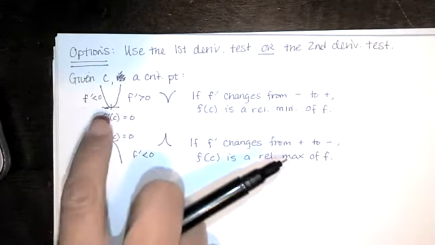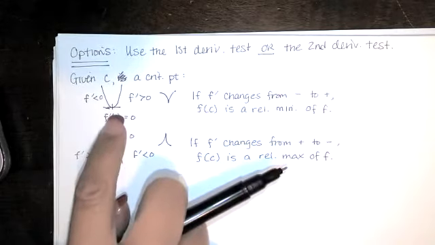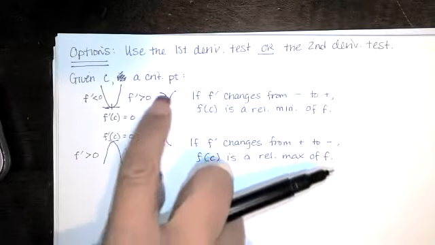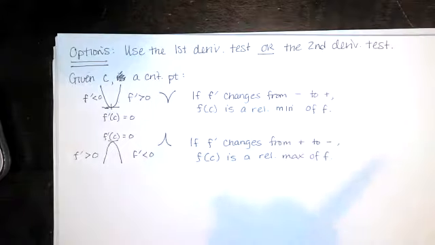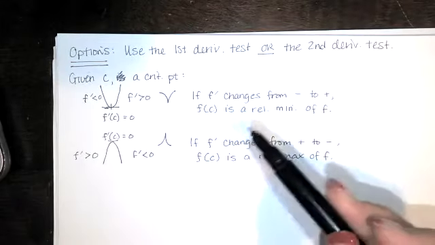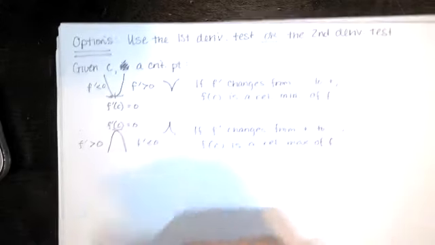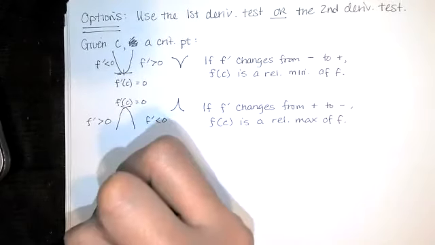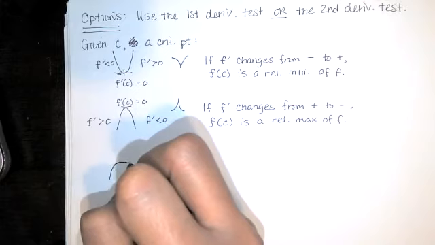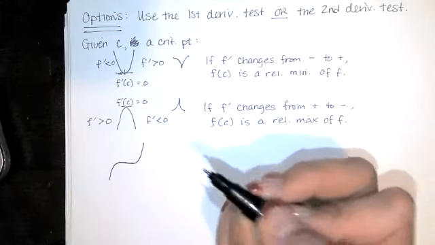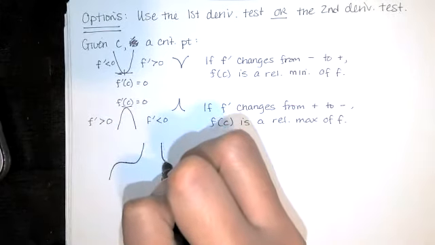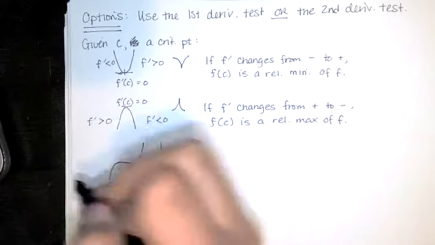And the same is true here, whether the graph looks like that and it's nice and smooth at the bottom, or if it looks like that and it has a cusp at the bottom, we've got a relative min. Now, if f prime does not change signs at c, so the function maybe goes from increasing to having a 0 slope to increasing again, or decreasing to having a 0 slope to decreasing again.